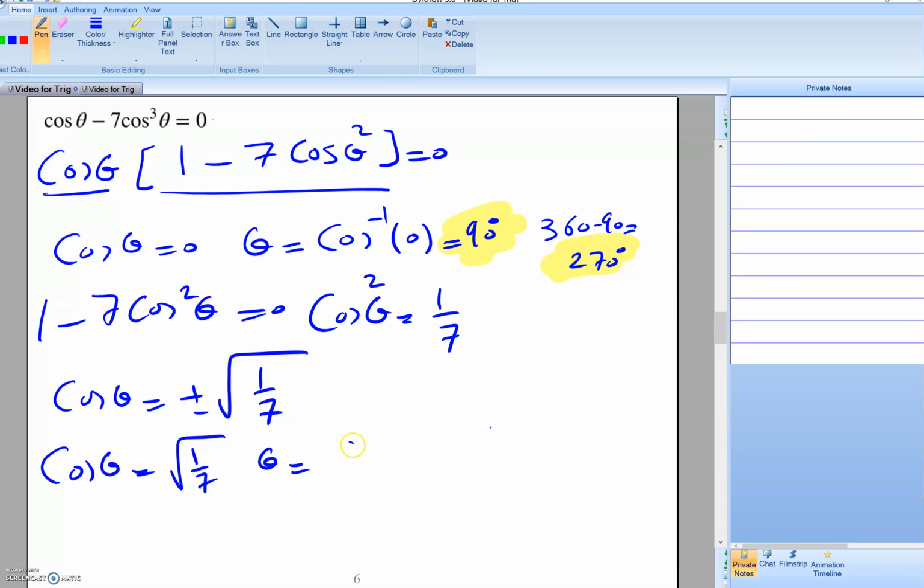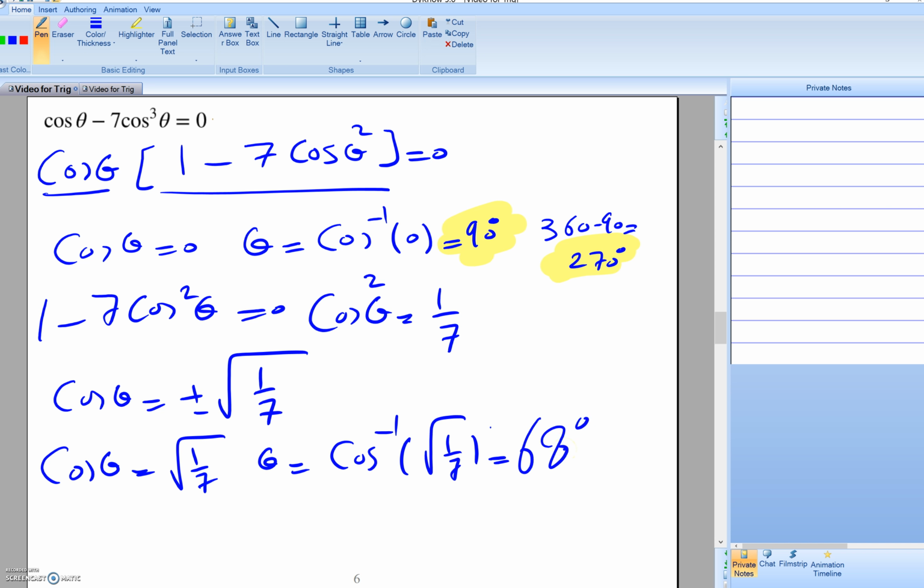Cosine inverse of this one, which is, when I use my calculator, cosine inverse, bracket radical bracket 1 divided by 7, then I close bracket, I close again, so it is 68 degrees.